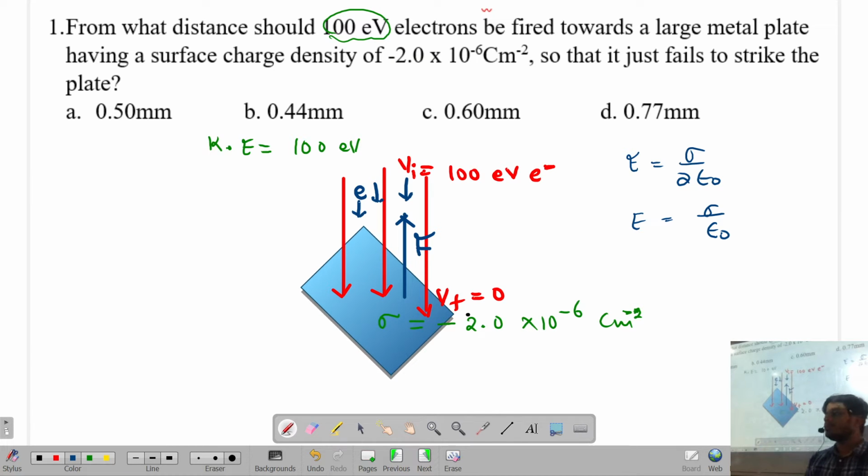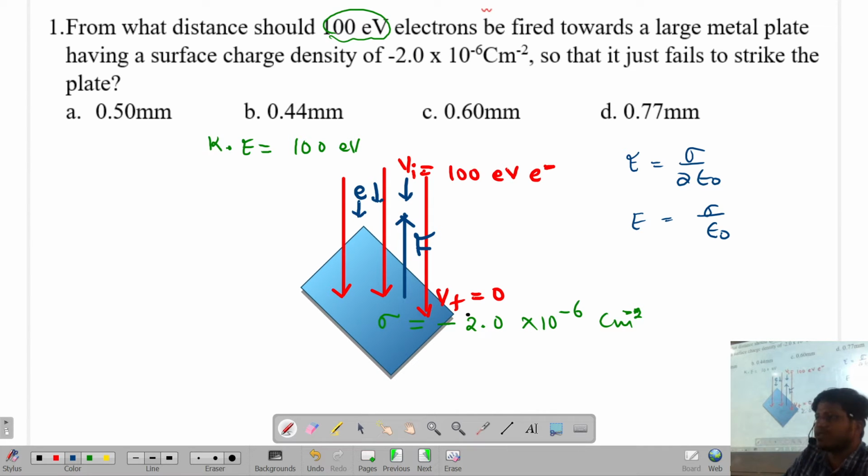Which theorem should I apply to solve this problem? Initially you have some kinetic energy. Final kinetic energy becomes zero. Is it going to get converted into potential energy? So try to understand which theorem I should apply.